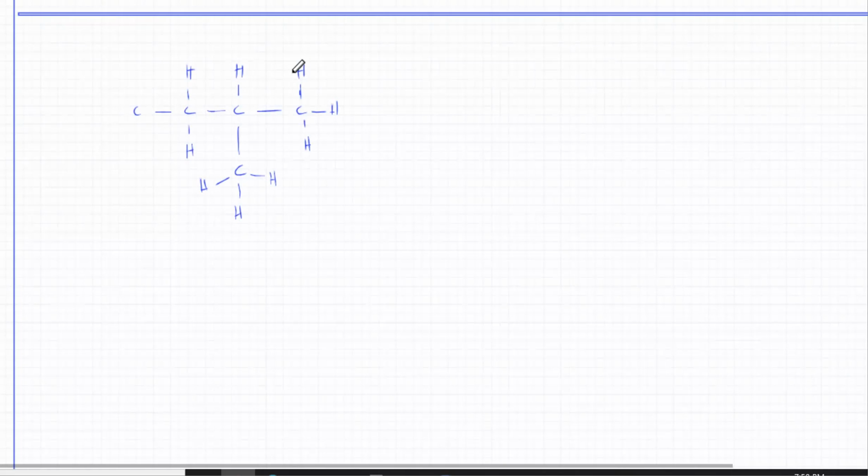So it's a slightly more complicated molecule compared to the previous one. Now, the point I'm trying to make is, predict how many different types of free radicals could be formed. There could be a lot.